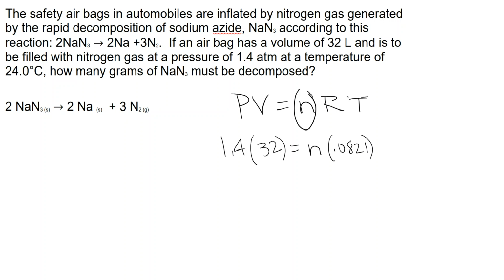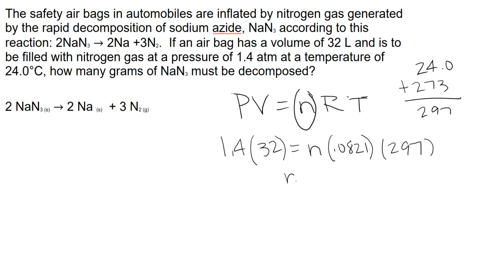A reminder that temperatures must be in Kelvin, and we were given 24.0 degrees Celsius, so we need to add 273 to get a total temperature of 297 Kelvin.